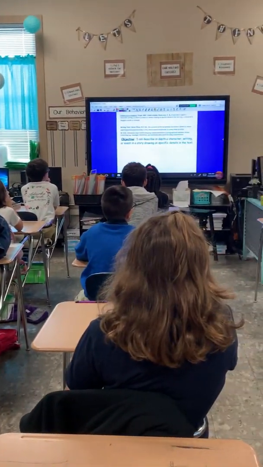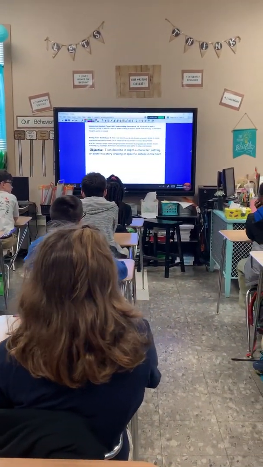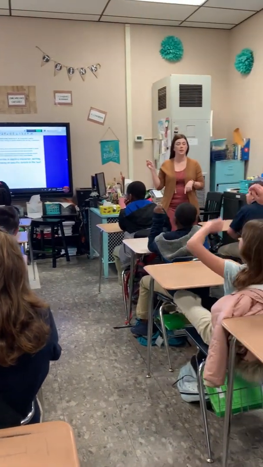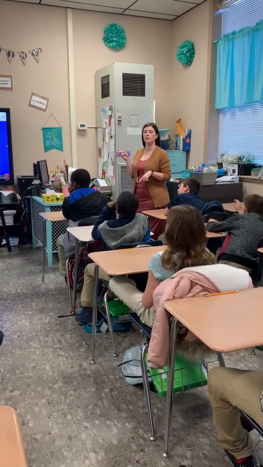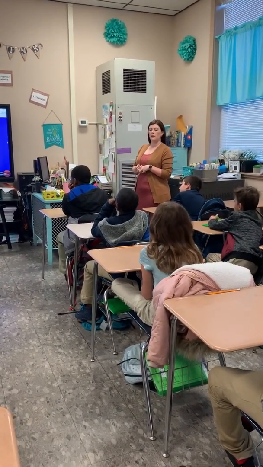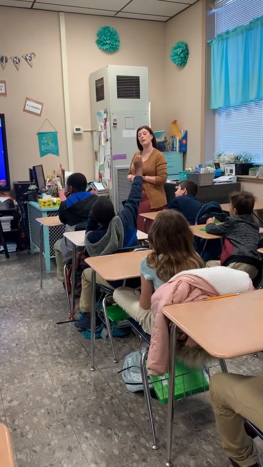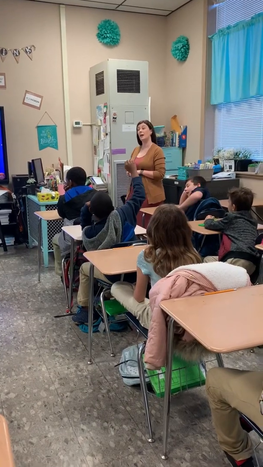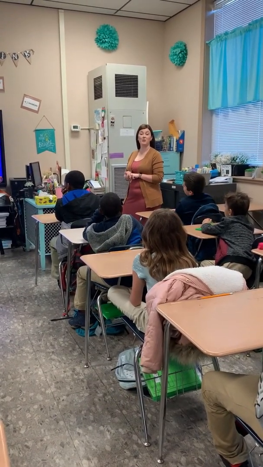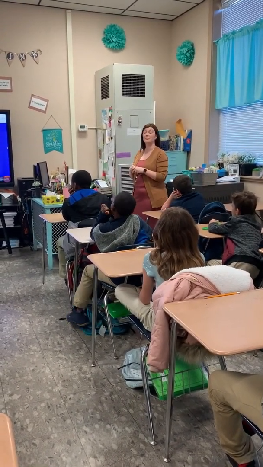All right, let's break this apart. Y'all see some important words? What do you see, Cheyenne? Describe. Okay. Describe is what type of word? Class? Action. An action word, right? It tells you to do something, okay?